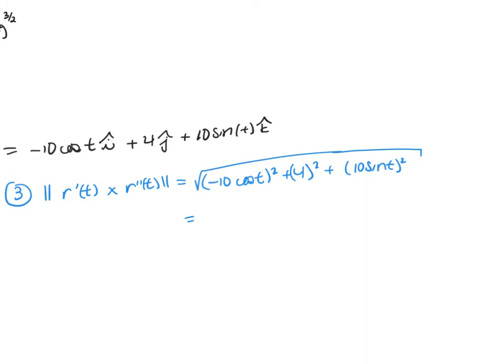And you're thinking, wow, this looks vaguely familiar, and it most certainly does. We'll end up with the sine squareds and the cosine squareds becoming 1, and so we end up with 2 square root of 29. So that actually is pretty nice.